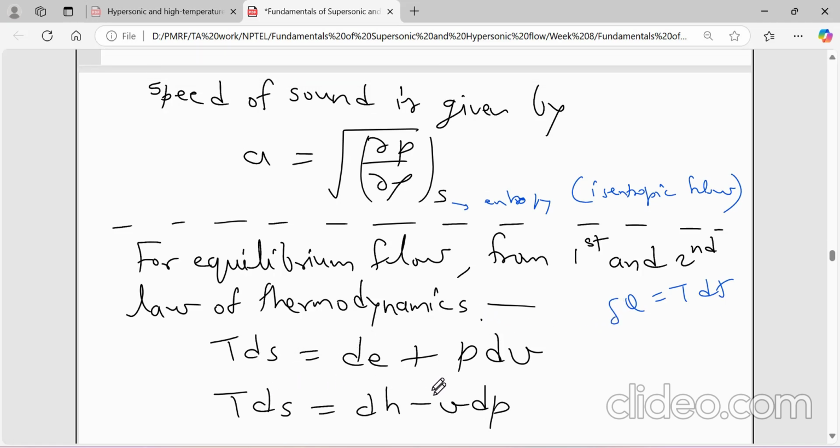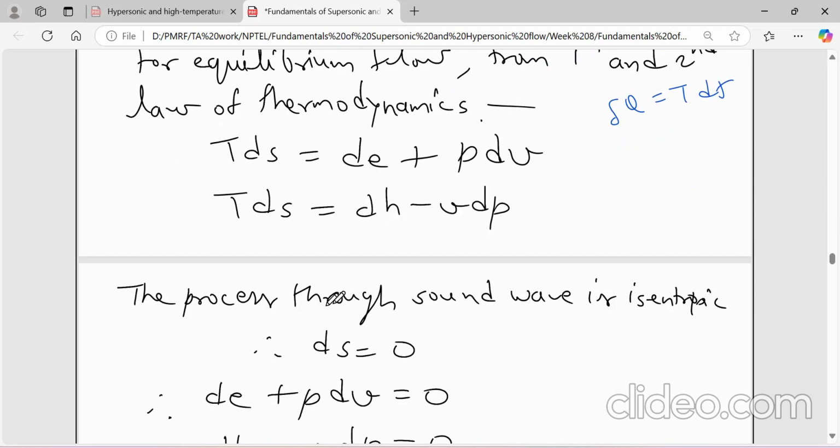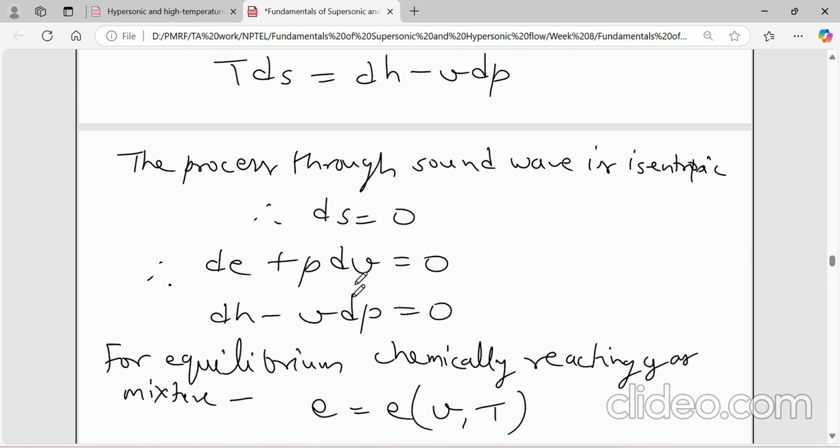Similarly, TdS equals dH minus VdP. Now the process through a sound wave is isentropic, which we already said before, so dS will be 0. As dS is 0, we get the equations dE plus PdV equals 0 and dH minus VdP equals 0.